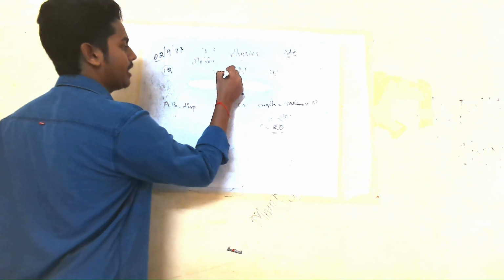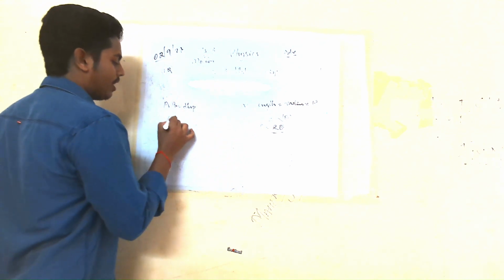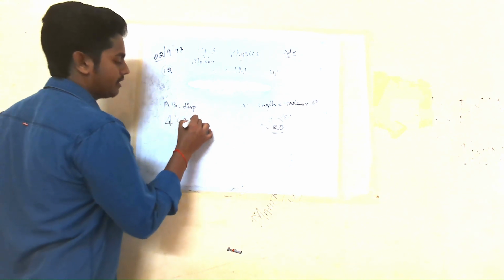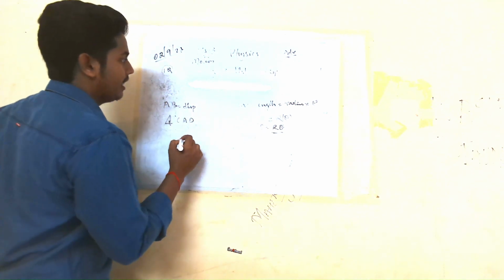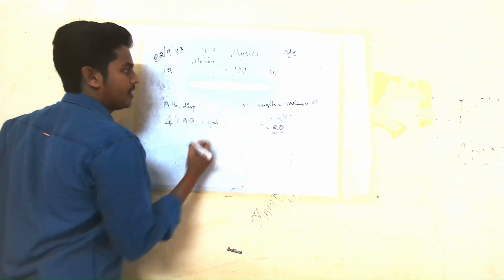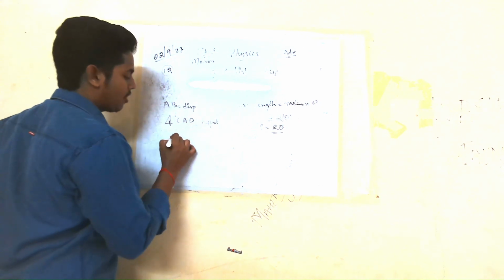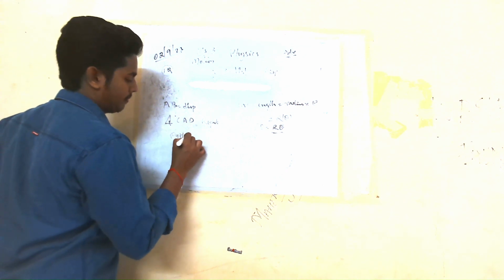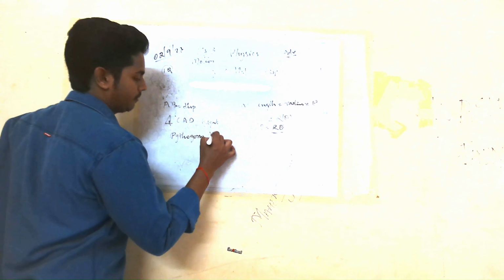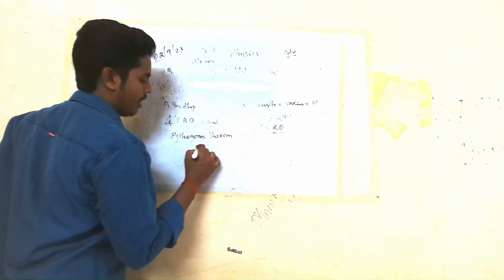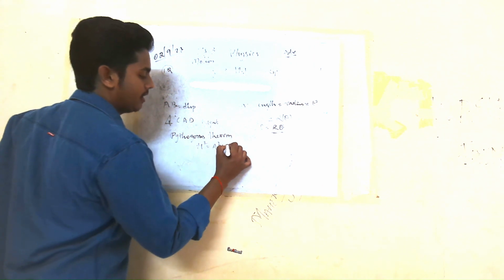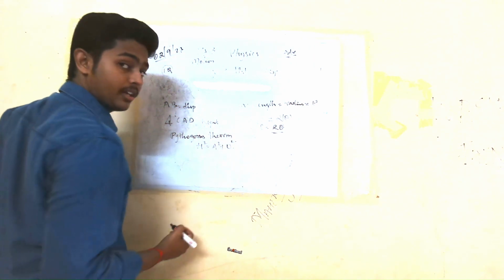Capital D. If you observe triangle CAD, it is a right angle triangle. So by Pythagoras theorem, hypotenuse square is equal to adjacent square plus opposite square, right?